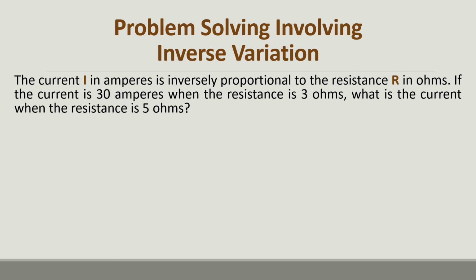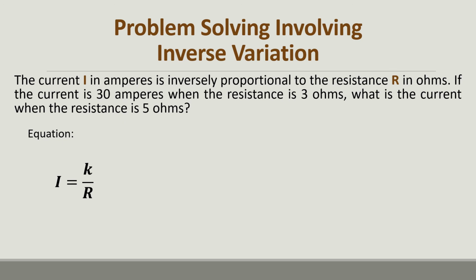Again, the first thing that you need to do is to identify what variables are used in this problem. So we have I and R. And from there, you write the equation, you derive the equation. It's I equals K over R. Okay, with I as the current and R as the resistance.